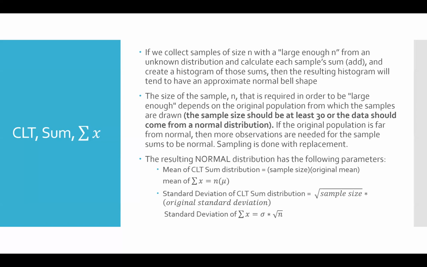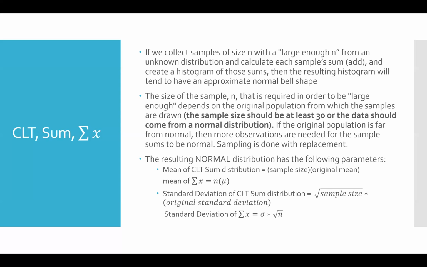The standard deviation of the central limit sum distribution is the square root of the sample size times the original standard deviation. So you still get the two primary parameters, the mean and the standard deviation, but you have to do a simple basic calculation to determine those using those formulas.